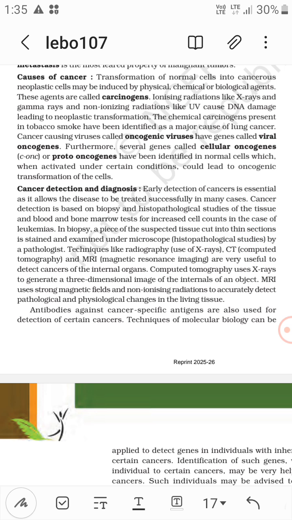And MRI uses strong magnetic fields and non-ionizing radiations to accurately detect the pathological and physiological changes in living tissue.